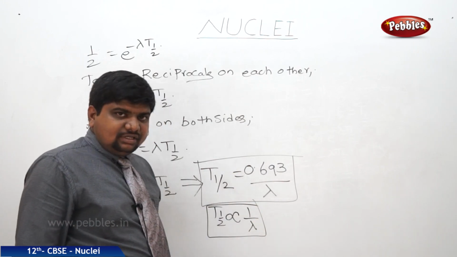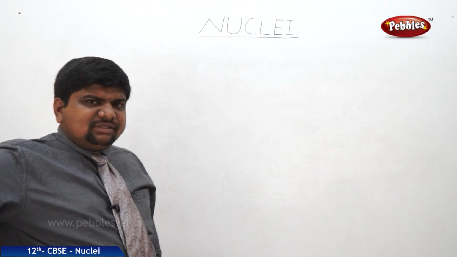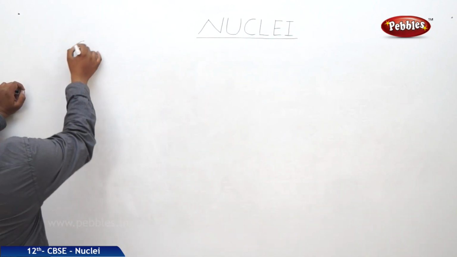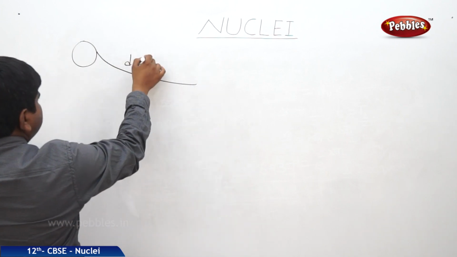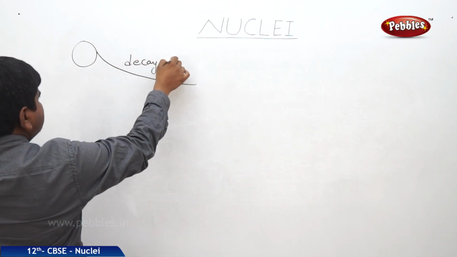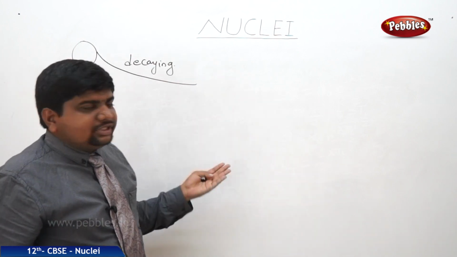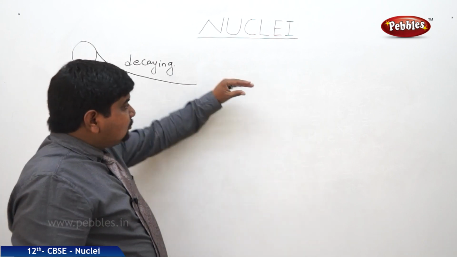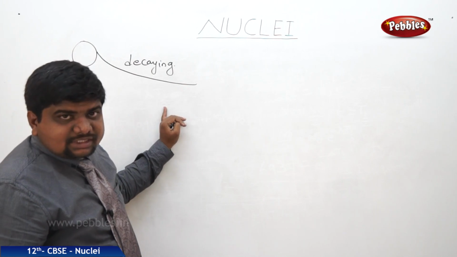It is a constant. Next we will see the average life or mean life. What is the meaning of average life or mean life? Suppose a given nuclide is decaying. This decaying won't stop, because it is a continuous process. There is no such value of 0 when you halve a given substance.